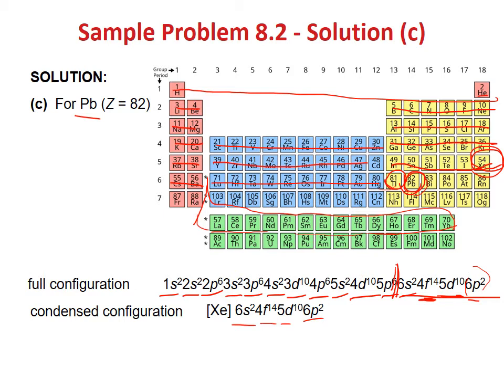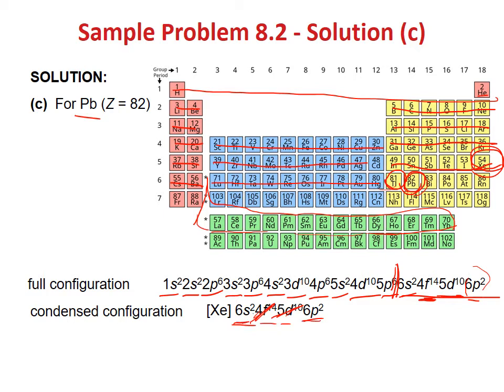To draw the partial orbital diagram for valence electrons, we note that the f orbital is full. Okay, f can hold 14 electrons. If it's full, it shouldn't be counted as valence electrons. Same as the d orbital, with 10 electrons, it is full, and therefore we only have valence electrons 6s2, 6p2.